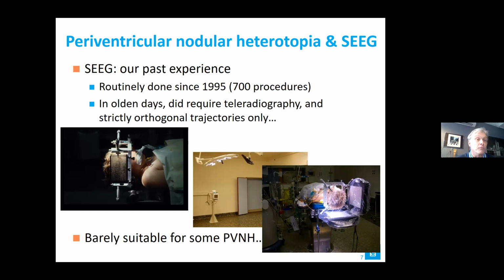We moved from the good old tracing paper, the good old teleradiography as shown here, which means X-ray sources at 5 meters away from the patient's head, and the good old Talairach metallic grid, which is shown here also. At that older period, an optimal targeting of the periventricular heterotopia was not easy at all.